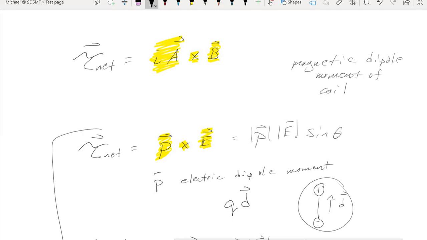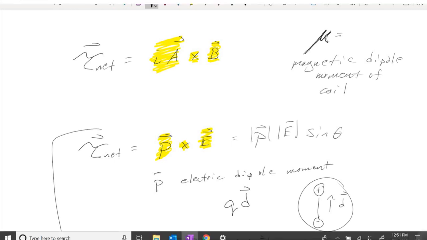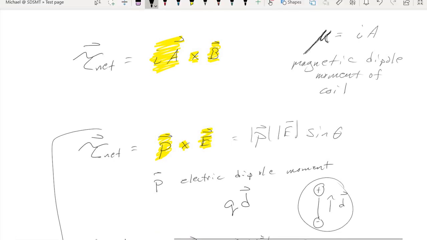And we're going to call this mu. Back in Physics 1, we used mu to represent a friction coefficient, but now it's going to be our magnetic dipole moment, and that is equal to IA.